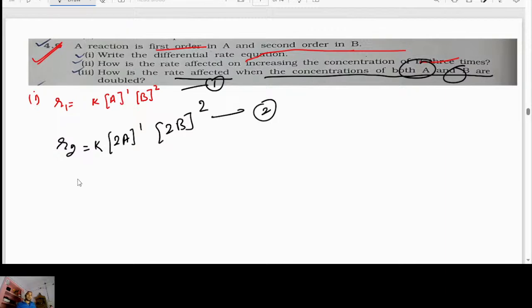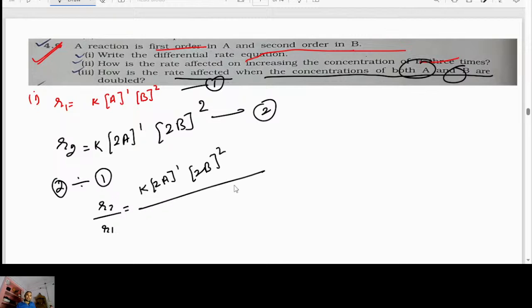What you are going to do is divide equation 2 by equation 1. R2 by R1 is equal to k, 2A power 1 and 2B power 2, divided by k, A power 1 and B power 2.